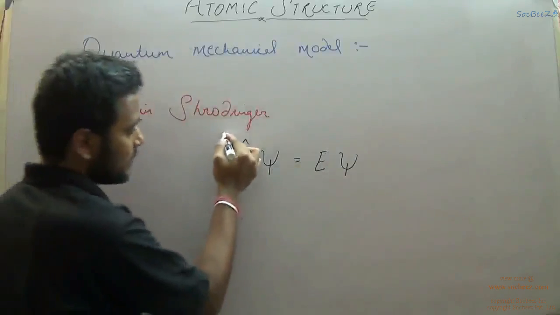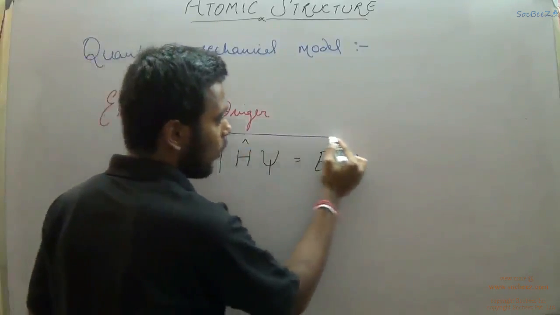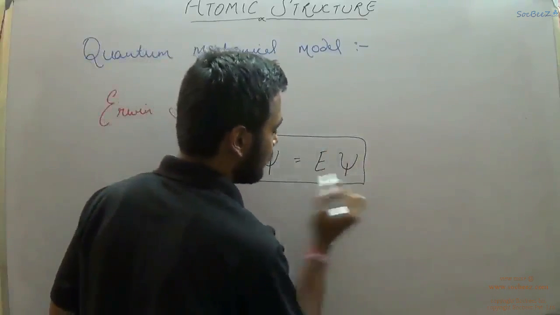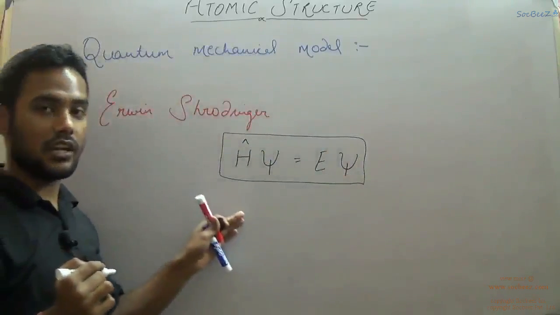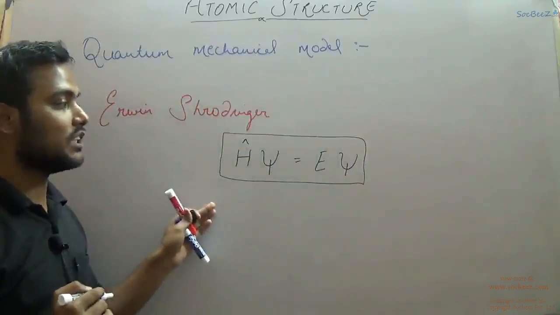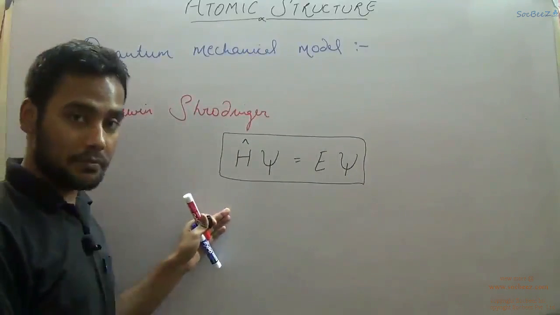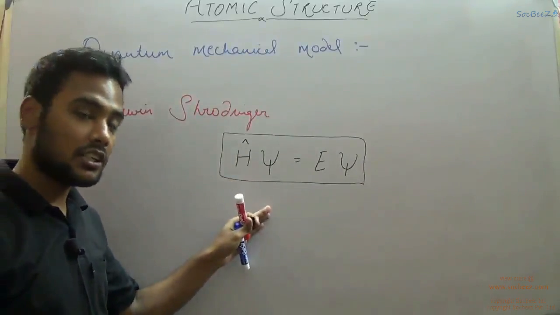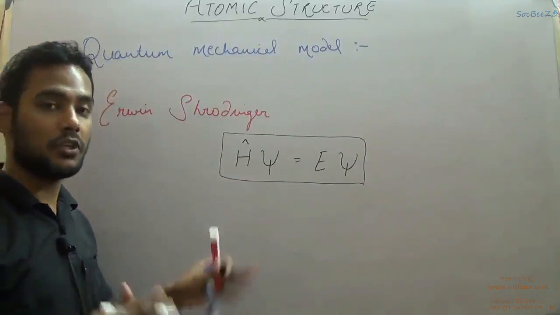Now, this particular equation contains all information as far as an electron is concerned. This information contains the electron's velocity. This information contains the electron's probable positions. This equation contains the electronic energy along with the energy of the nucleus.